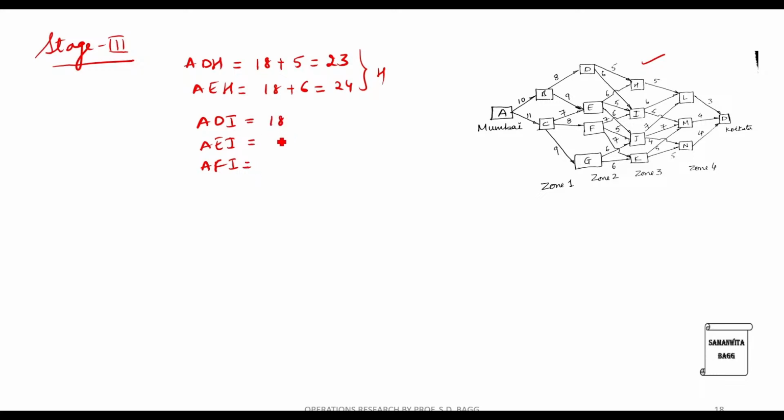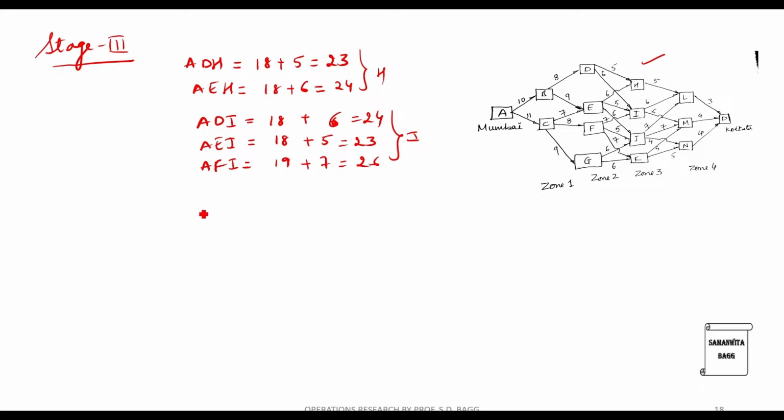A to D is 18, A to E is 18, A to F was 19. D to I is 6, so this becomes 24. E to I is 5, so this is 23. And F to I is 7, so this is 26. This is all for I.